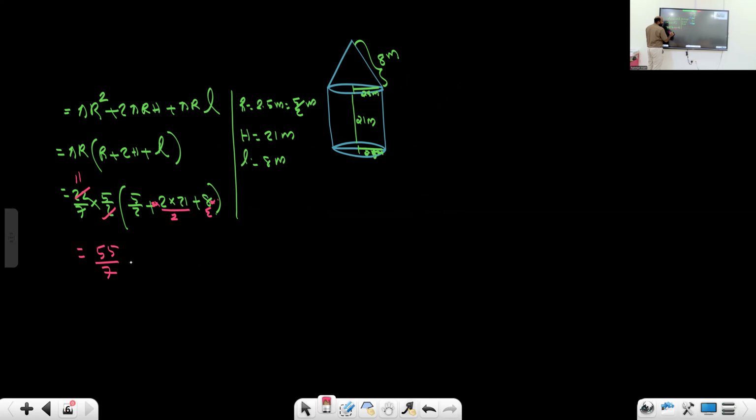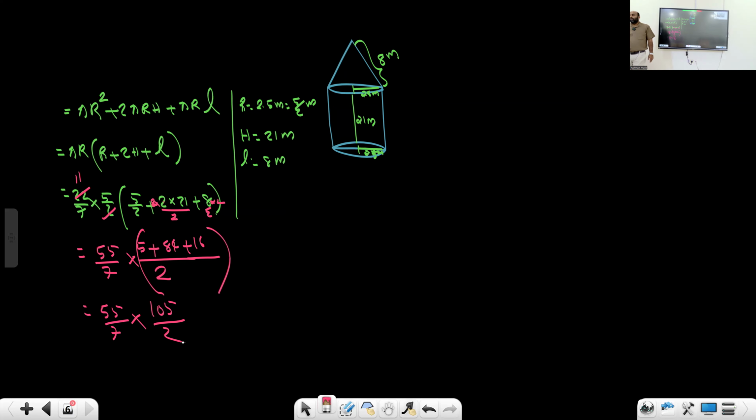We are making the denominators the same. 5 plus 2 into 2 is 4, 4 into 21 is 84, plus 16. LCM I took, LCM is 2. So it will be 55 by 7 into 105 by 2. 105 and 7 you can cancel, 15 times. Please check it.